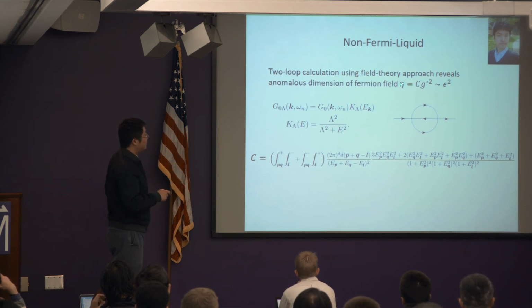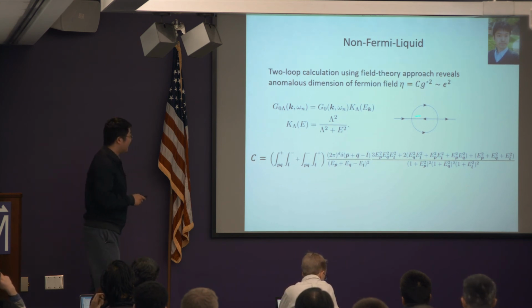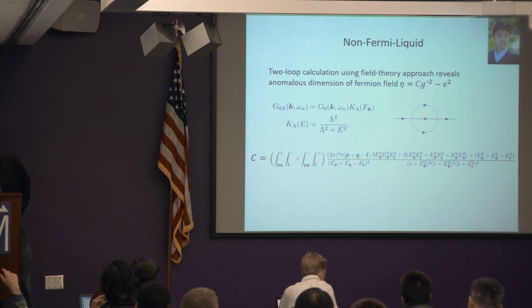This new exponent is epsilon plus a correction, which is of order epsilon squared. And this shows directly that the system is a non-Fermi liquid. Again, very much like the Luttinger liquid.